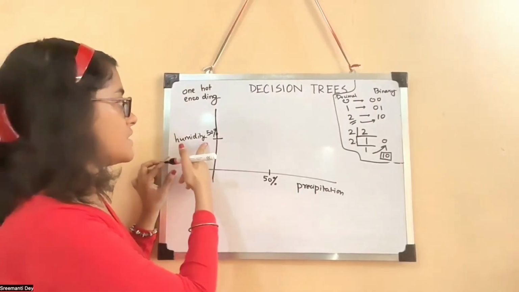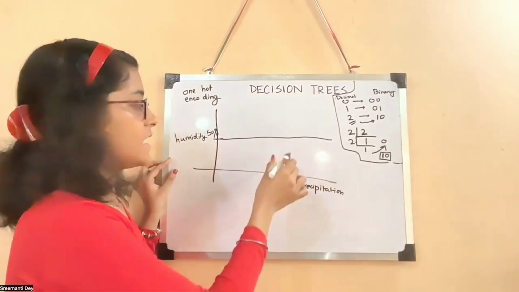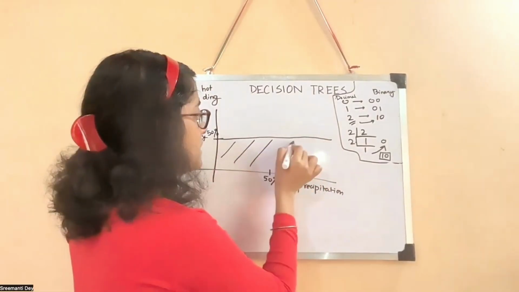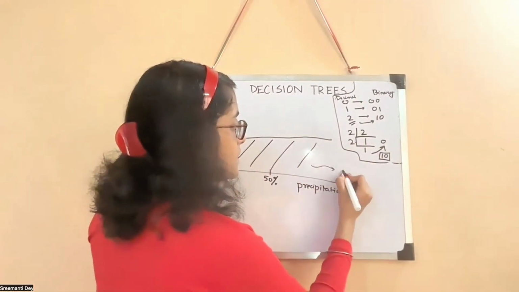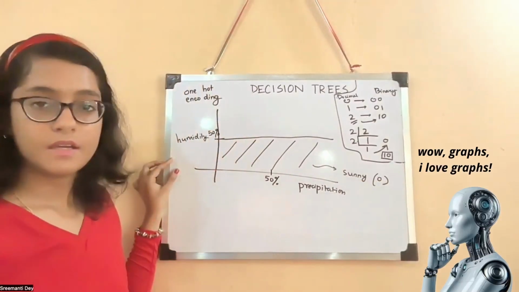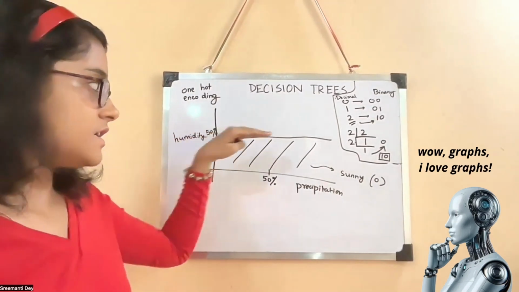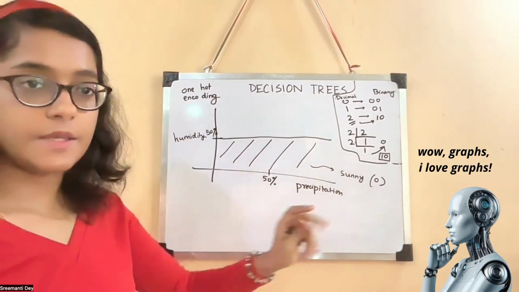So if humidity is less than 50%, regardless of precipitation, this entire region is sunny, or class 0. This is very easy to understand. Less than 50% humidity, this entire region is sunny.